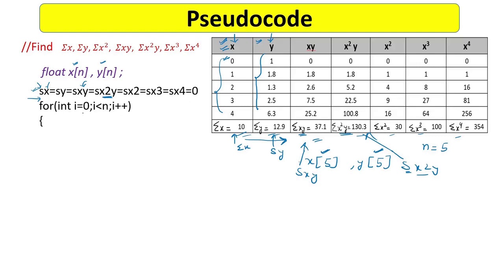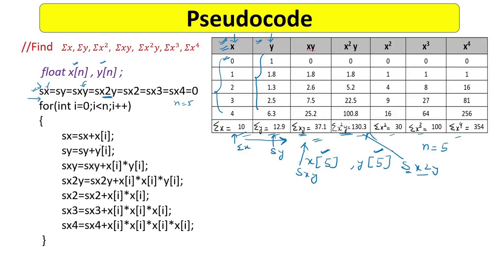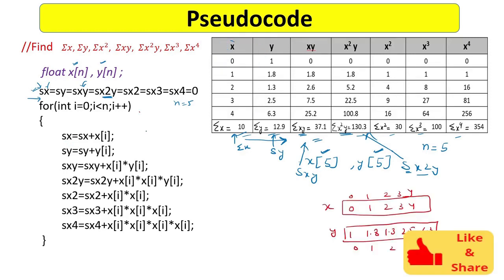After that I have taken a loop which runs from i equal to 0 to less than n. So for n equal to 5, it will run 5 times, from 0 to 4. As you can see, inside this for loop I am finding these summation values in these variables. How am I finding each summation value?